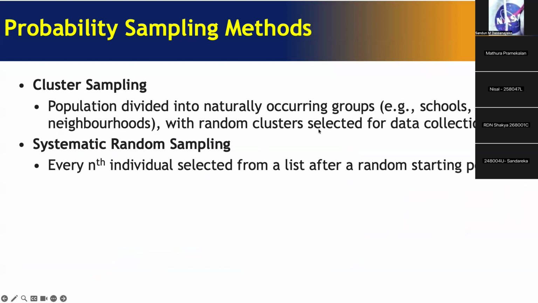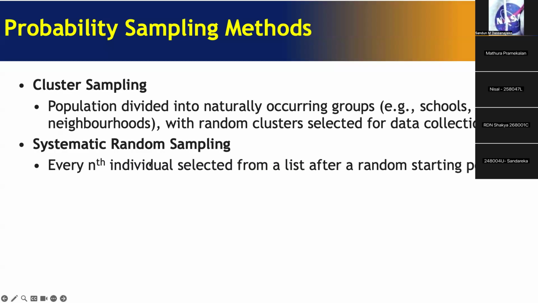In machine learning, we call these clusters based on their own data types. So the population has naturally occurring groups, right? If you look at the girls example here, it can be their ethnicity. It's naturally occurring. You can find that cluster. Then you have systematic random sampling.